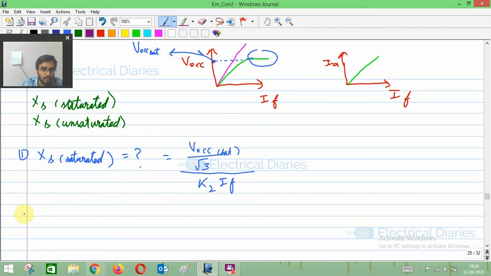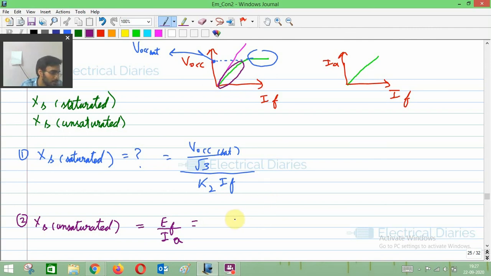Now your second part is your excess unsaturated. Your excess unsaturated will be equal to EF by again IA. And what will be your EF? This time your EF is in the unsaturated region, which is this region, so it is proportional to IF.